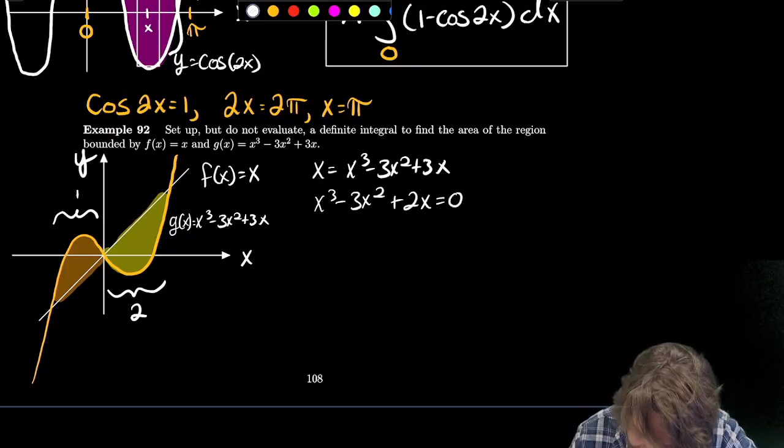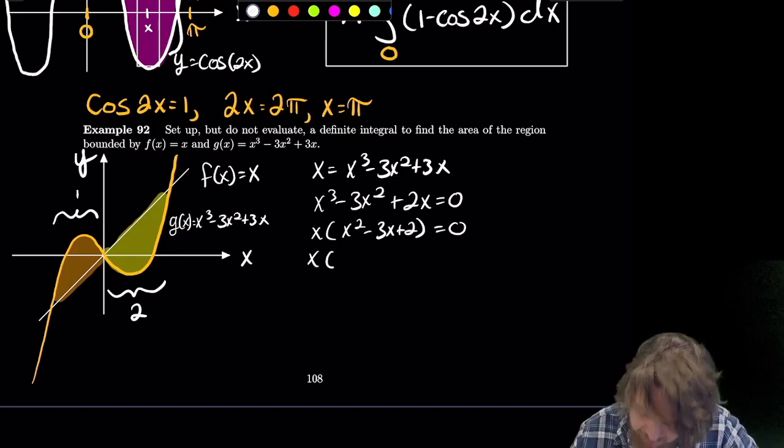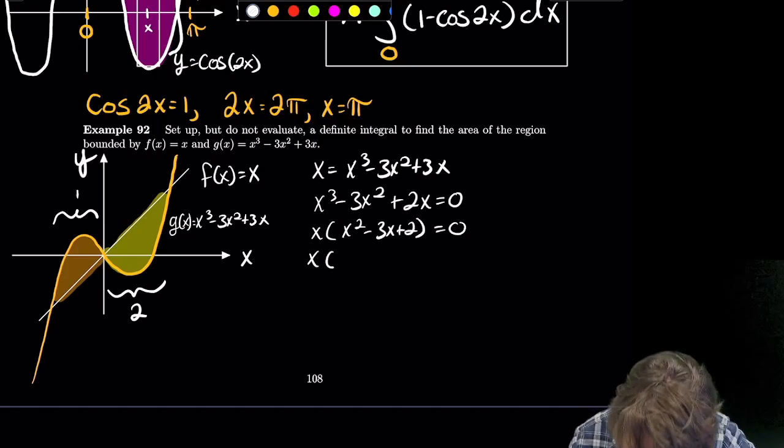Here we can factor out an x, and we're left with x times (x squared minus 3x plus 2) equals 0. And I believe we can even factor this further into x times (x minus 2) times (x minus 1).